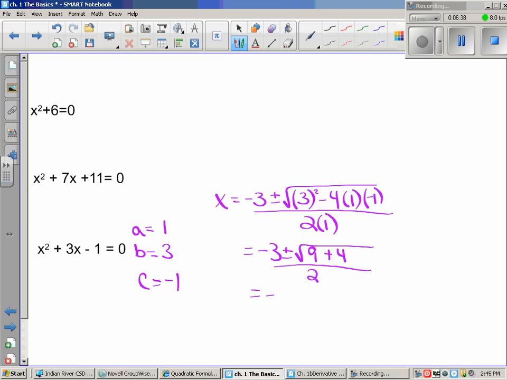And so I have negative 3 plus or minus the square root of 13 all over 2. Notice that over 2, that line extends through the whole thing. It is not just under the radical sign or just under the negative b part. It is over the whole thing. So make sure that that is done on yours. I will be looking for that.